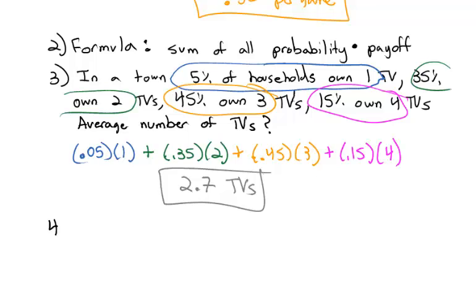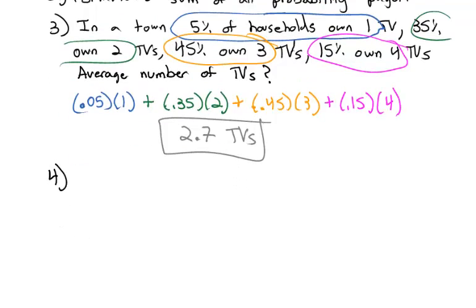Now I mentioned this is useful in the business world for things like insurance. Let's say a car insurance policy, we'll clarify, a car insurance policy costs $700.